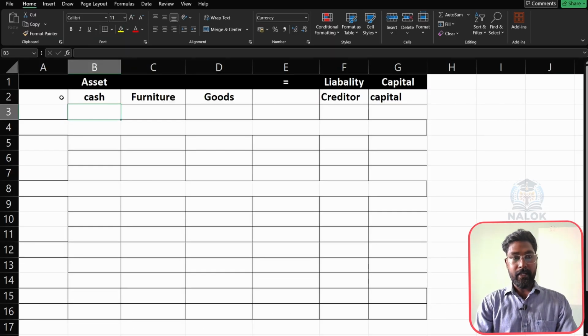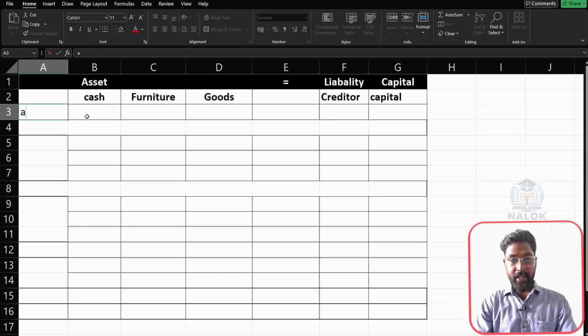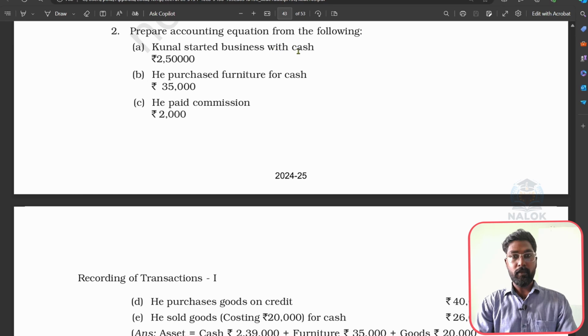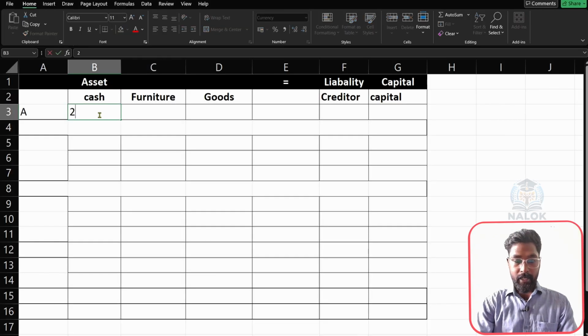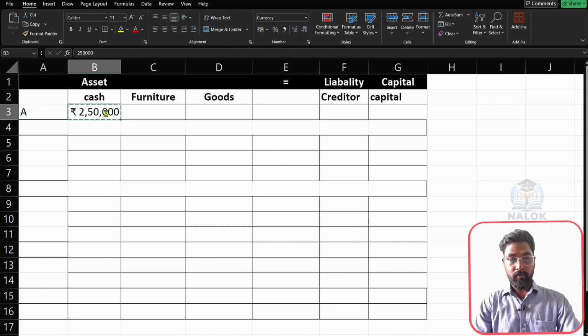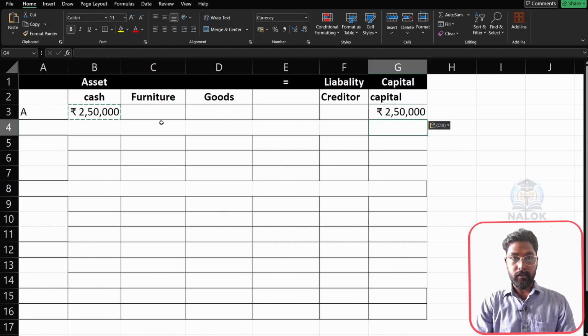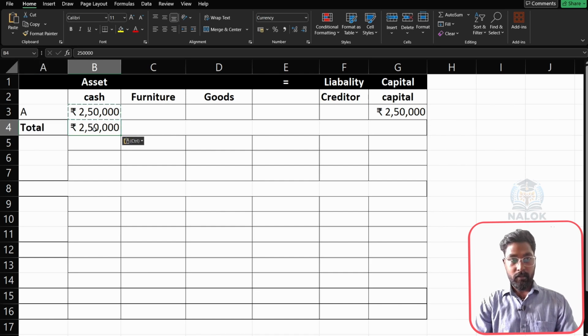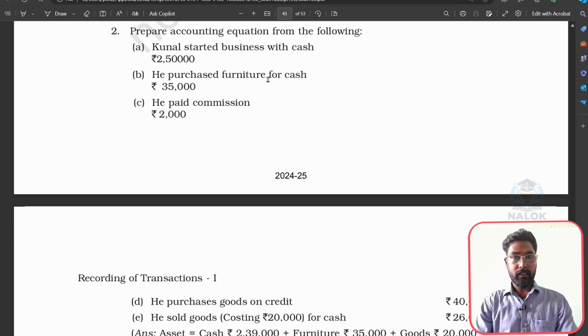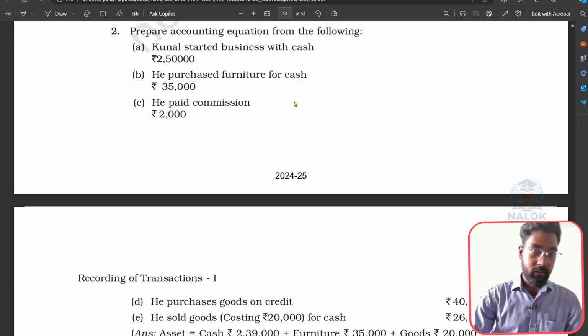Now let's analyze the transactions. Transaction A: Kunal started business with cash worth 2,50,000. Let's enter 2,50,000. When the cash asset increases, the capital also increases, because without an asset there is no capital. Let's total this. Now the second transaction: he purchased furniture for cash. The furniture cost is 35,000.